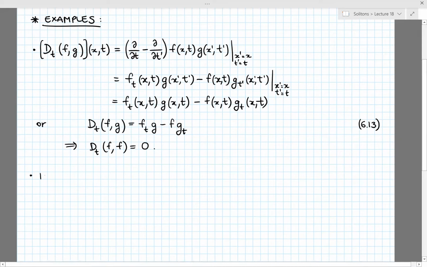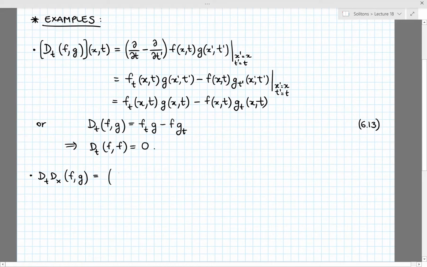Next, let's look at D_t D_x acting on the pair of functions f comma g. At this point, I'll stop writing the dependence on the coordinates x and t when there is no doubt about that.